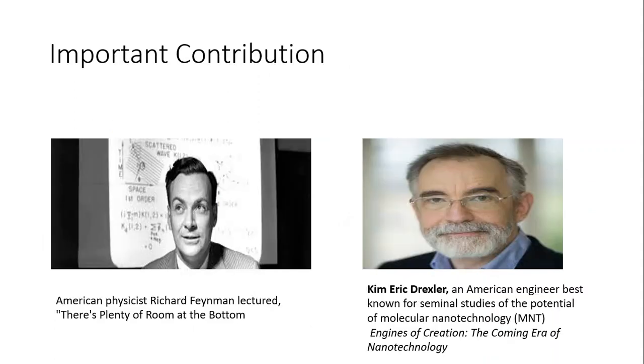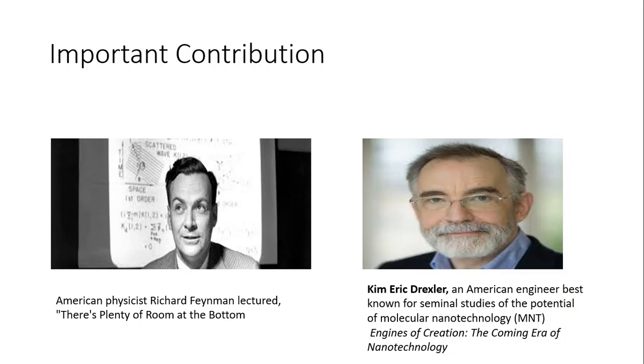We have important contribution of some famous scientists like Richard Feynman. He was an American scientist and he gave a famous lecture stating there is plenty of room at the bottom. With this lecture, he gave a vision of nanotechnology, meaning to say that when we move down to smaller scale, there is plenty of scope.